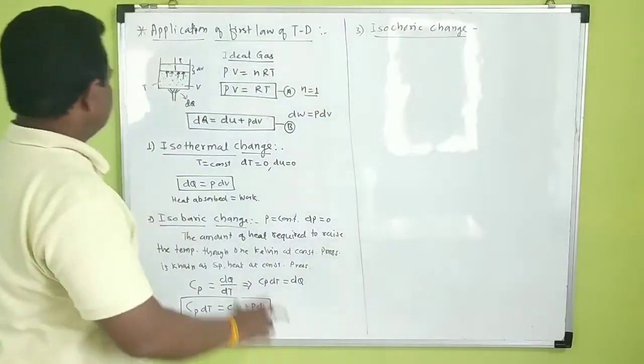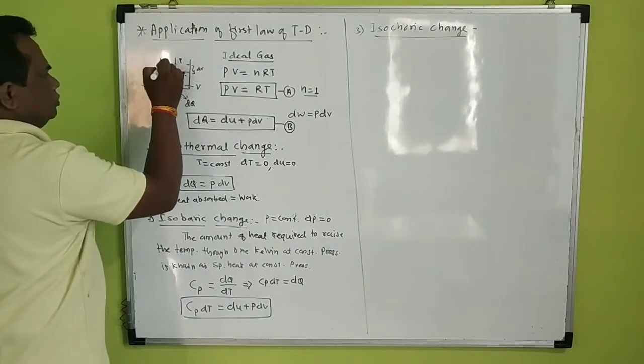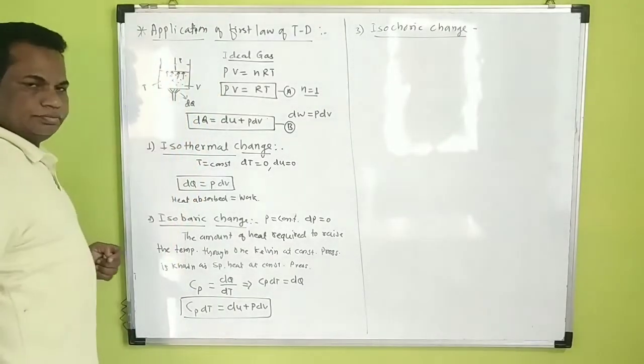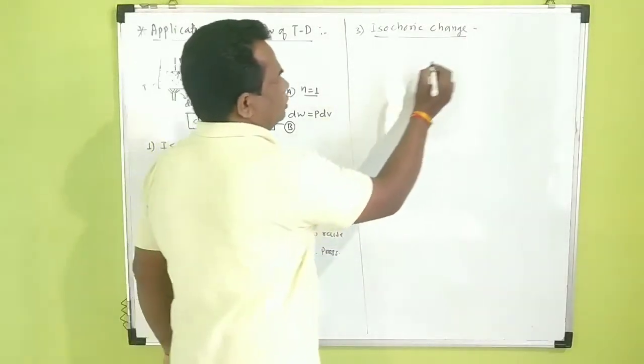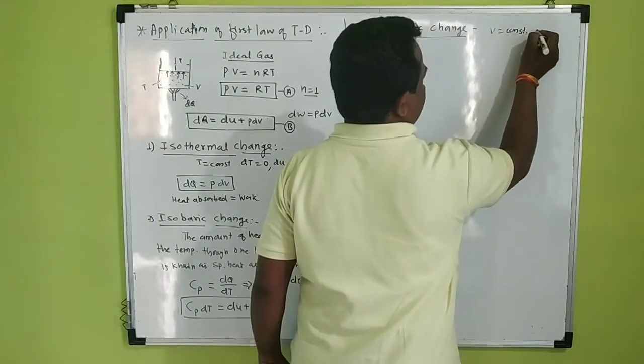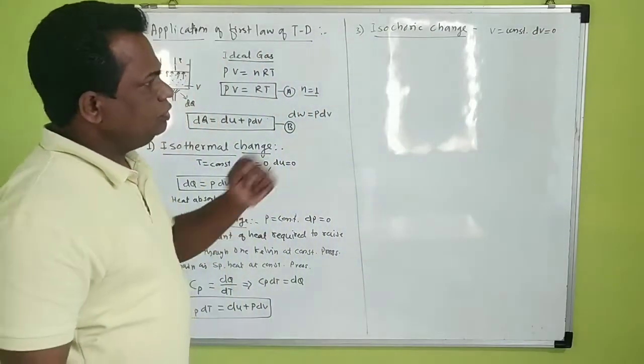If volume remains constant, then the change in volume dV is 0. So we can write that V is equal to constant, which means dV is equal to 0.